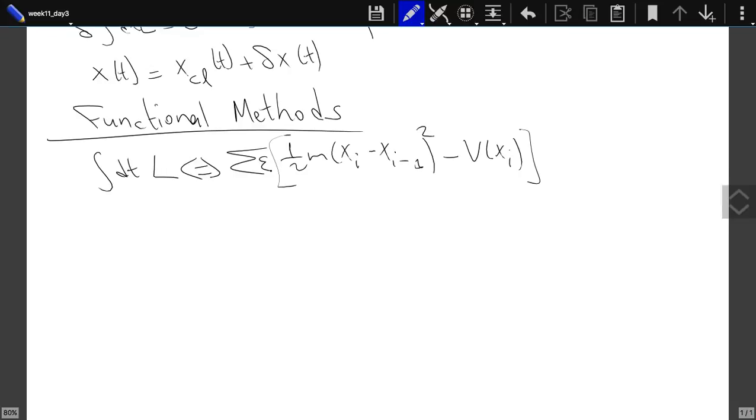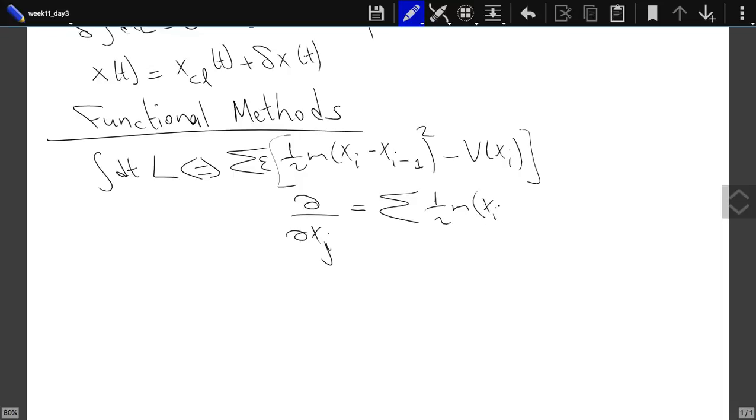So we can just consider taking the derivative of the right-hand side with respect to, let's say, x_j.